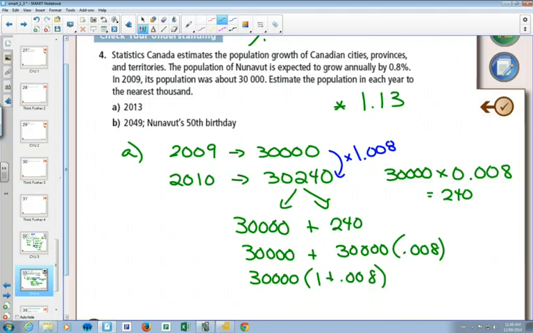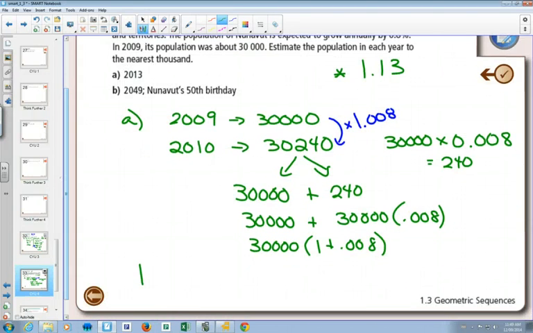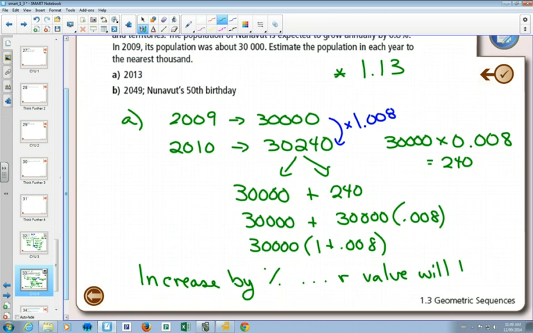So anytime we increase by a percentage, sort of as a summary here, our R value is one point whatever that percentage is. In our case, our percentage was decimal 0.008, so our R value is going to be 1.008.